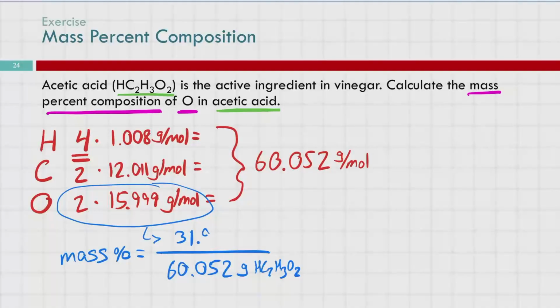So 31.998 grams. Oxygen, not hydrogen, not carbon, oxygen. 31.998 grams on the top times 100%.